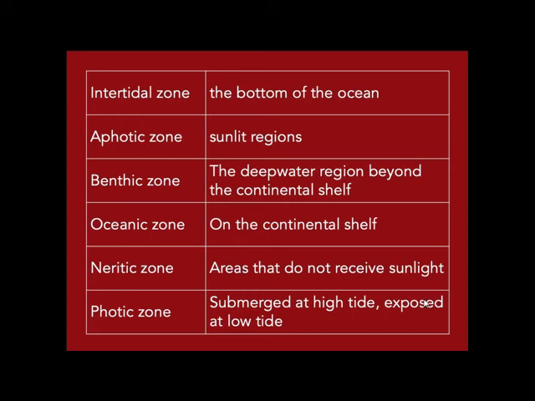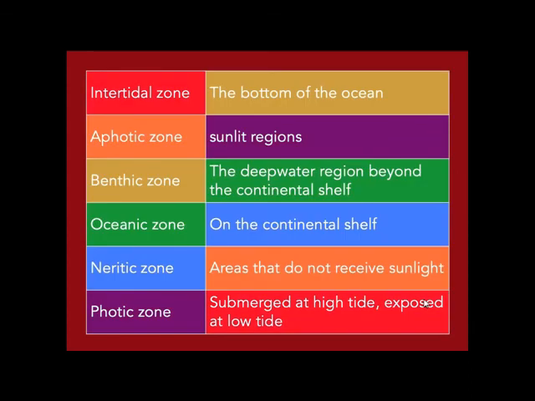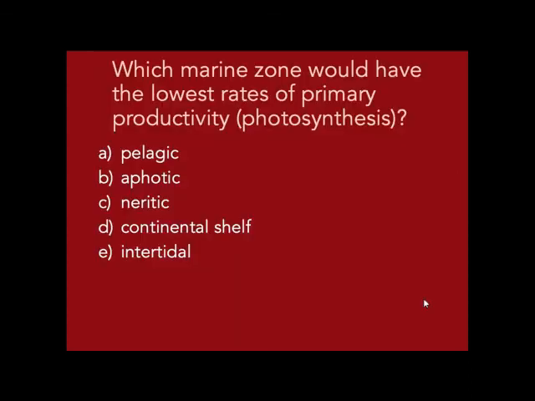It's that part on the continental shelf. What's the photic zone? It's the sunlight region. So which marine zone would have the lowest rates of primary productivity or photosynthesis? The dark part. Okay, so what's that one called? Aphotic.